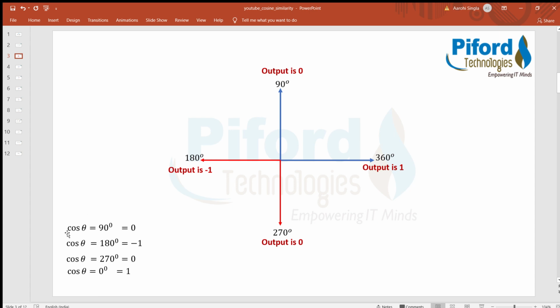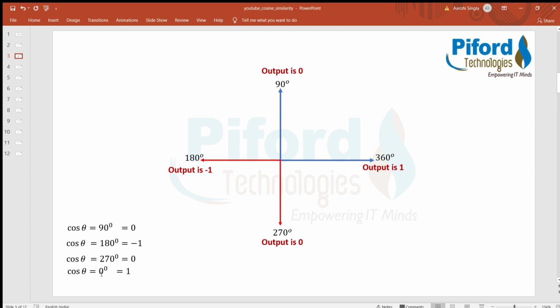From our school days when we studied sine and cos, you can easily remember that when cos theta is 90 degrees, the output is 0. When cos theta is 180 degrees, you get output -1. When cos theta is 270 degrees, you again get output 0.